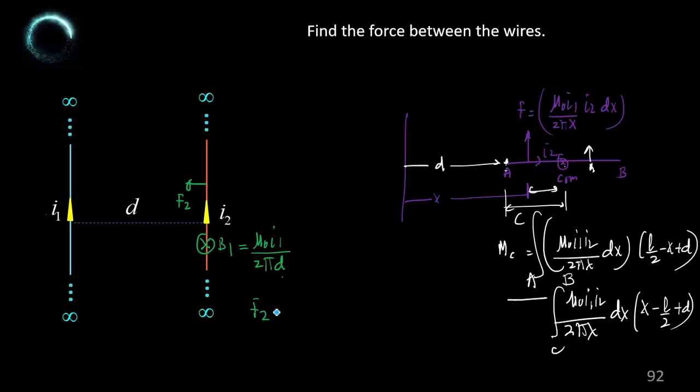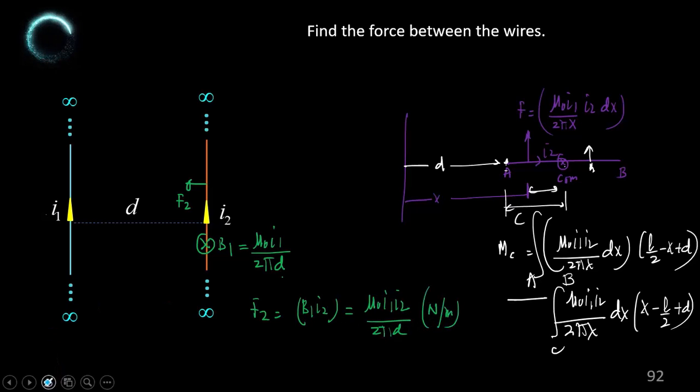F2 লিখে দেবো B1 into I2 per unit length, L দিয়ে ডিভাইড করে দিয়েছি। B1 into I2 is the amount of force on wire 2 per unit length। B1 into I2 করলে মিউ নট I1 I2 by 2 pi d, ইউনিটে নিউটন পার মিটারে পাবে এই ফোর্সটা, ঠিক আছে?